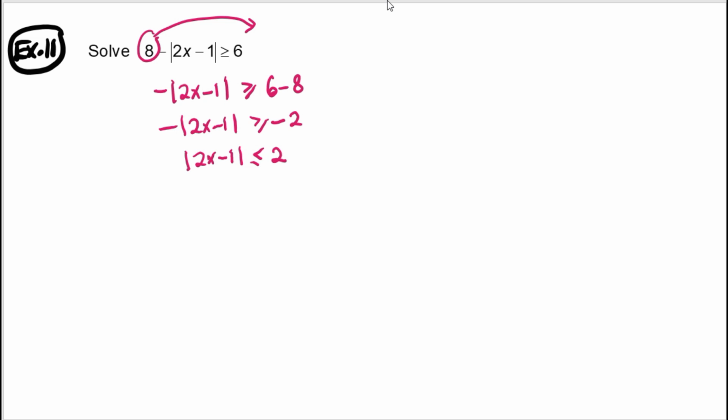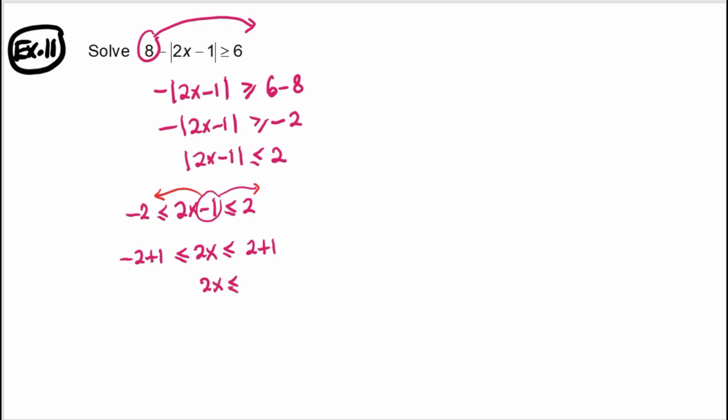Now using the theorem, 2x minus 1 is between 2 and negative 2. To remove that negative 1, we bring it to the right side and the left side. Therefore we will have 2x between 2 plus 1 and negative 2 plus 1, so 2x is between 3 and negative 1.